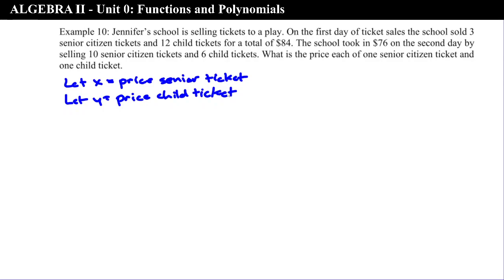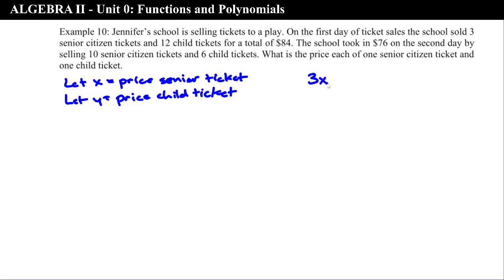So let's start off by making our equations. Okay, so in the first sentence here of the 2 sentences that our equations are going to come out of, the first day of ticket sales, the school sold 3 senior citizen tickets and 12 child tickets. Okay, so we've got 3 times the price of a senior citizen ticket.